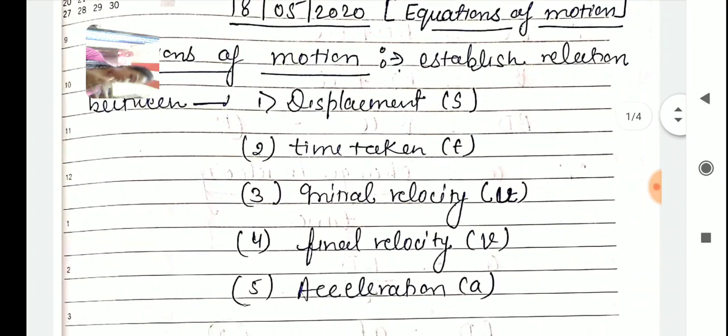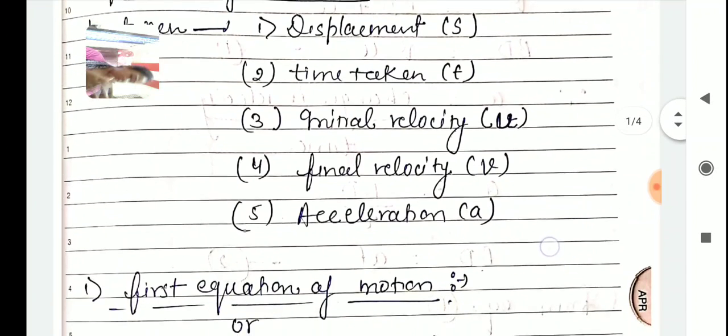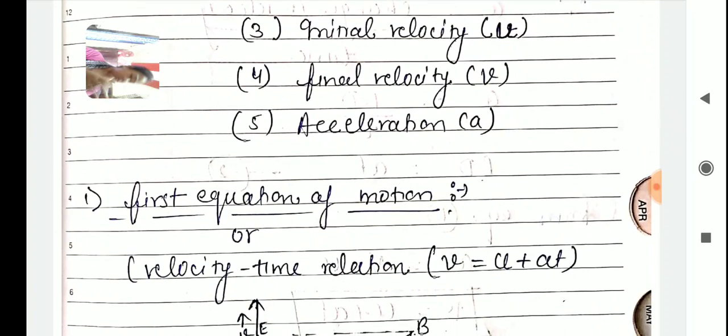For example, very first we have distance, displacement, second we have time taken, third we have initial velocity that is represented by u, and we have final velocity that is represented by v, and then we have acceleration that is represented by small a. Now we will find out the relationship between these physical quantities.